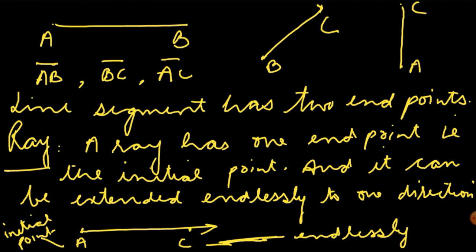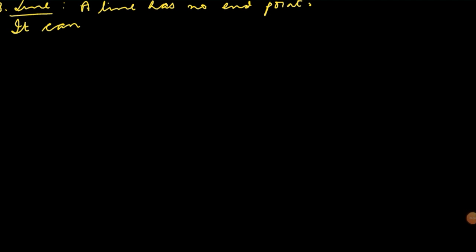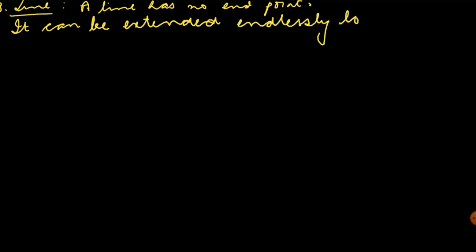Now the next one is line. So what is line? A line has no end point. It can be extended endlessly to both the directions.